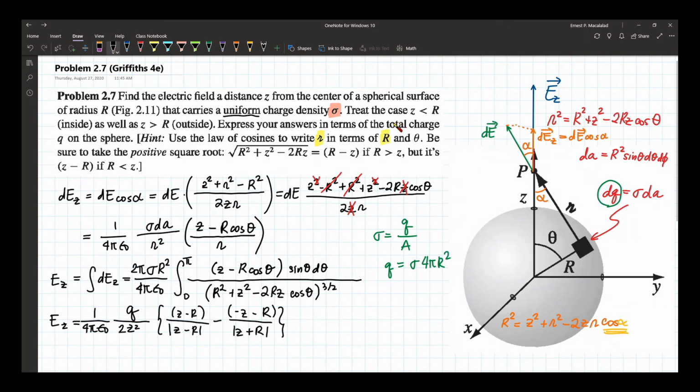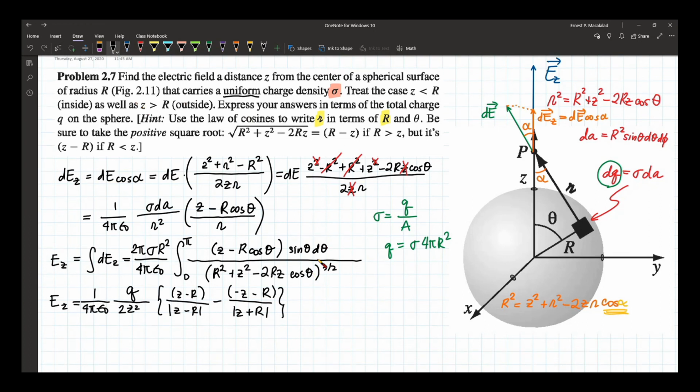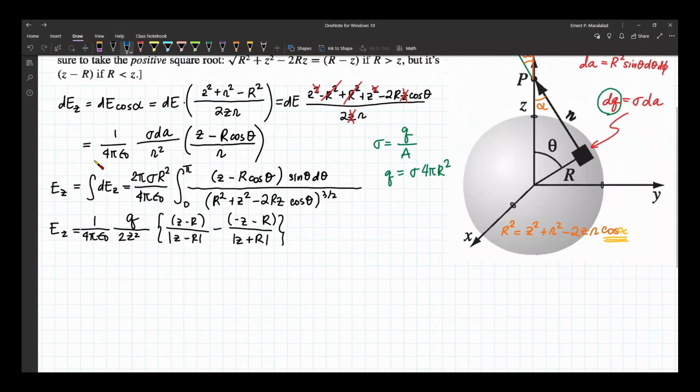Now, let me go to our special cases. Let's say for outside the sphere, z greater than r, E_z becomes this one. Again, this is 1 over 4 pi epsilon naught times Q over 2 z squared.